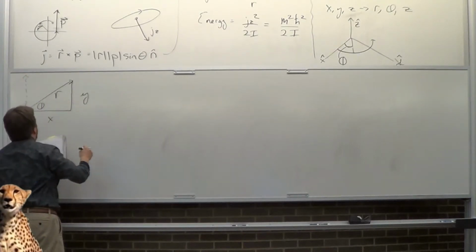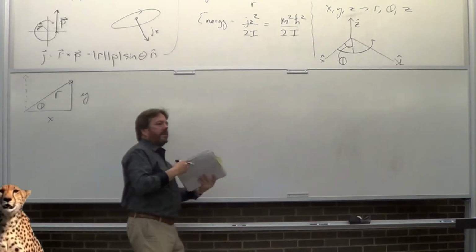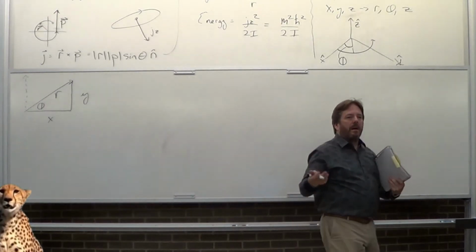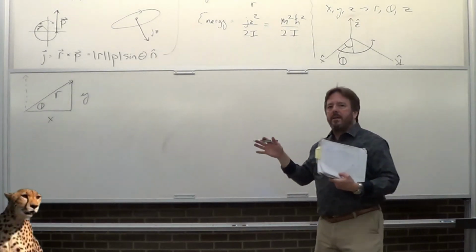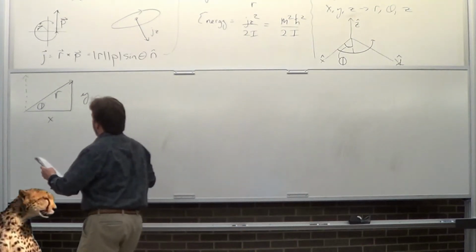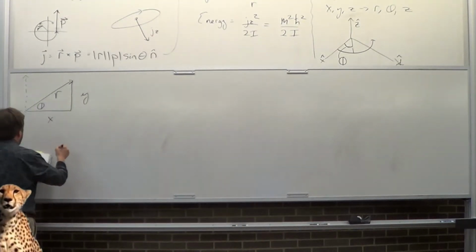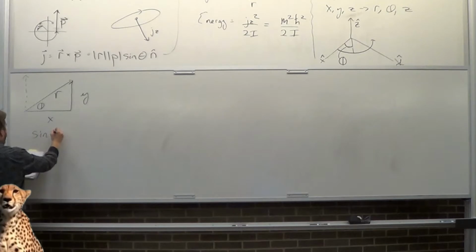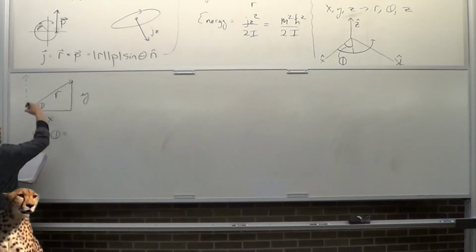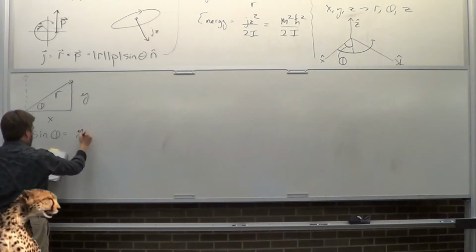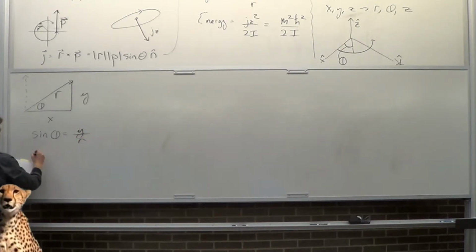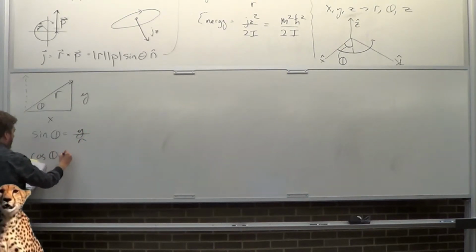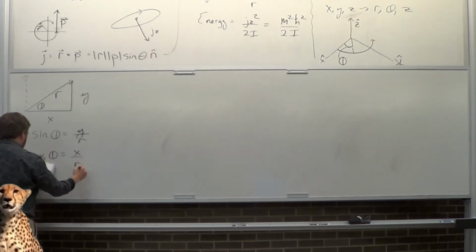The length is x, the height is y, and r is the hypotenuse. Remember that sine is the opposite over the hypotenuse, so that's y over r. And cosine, of course, is the other one, so that's x over r.